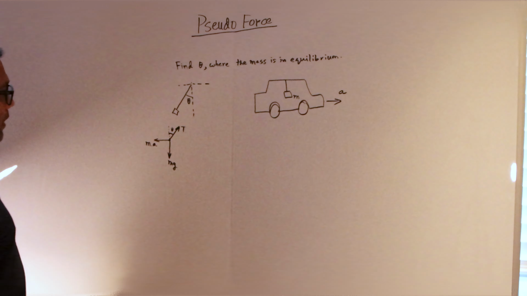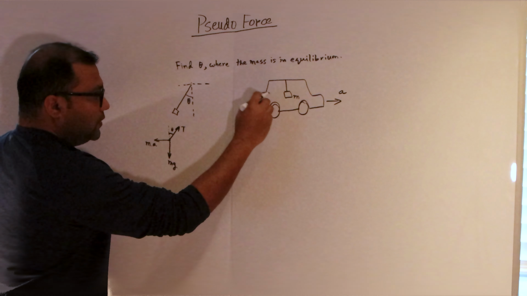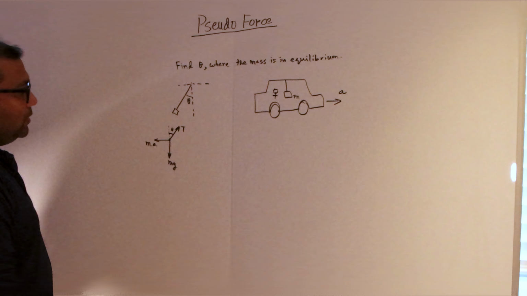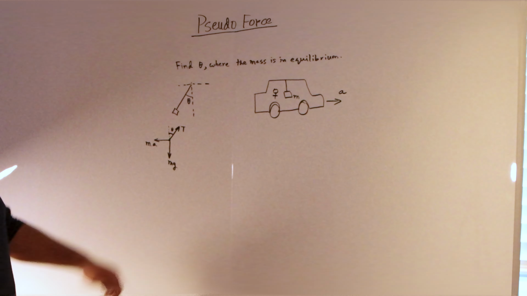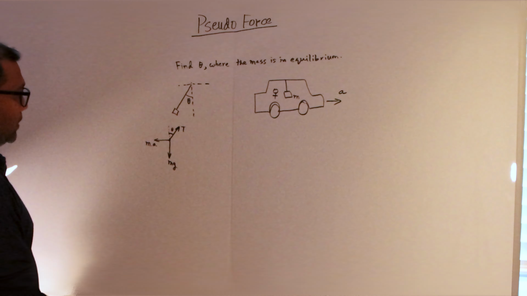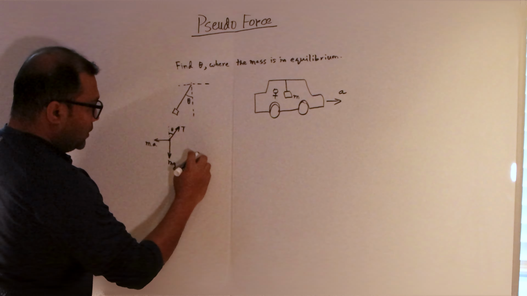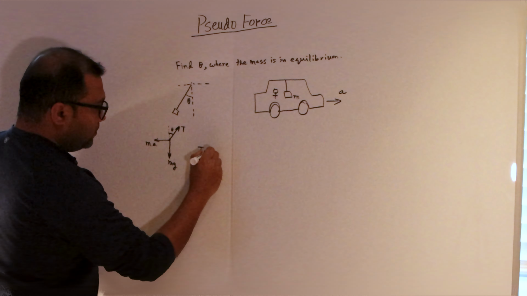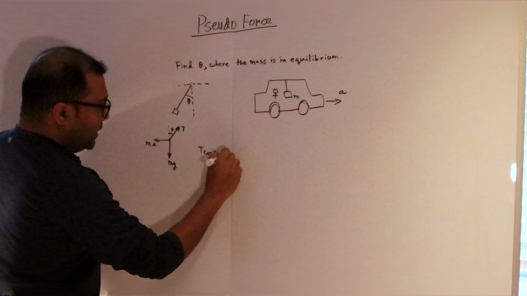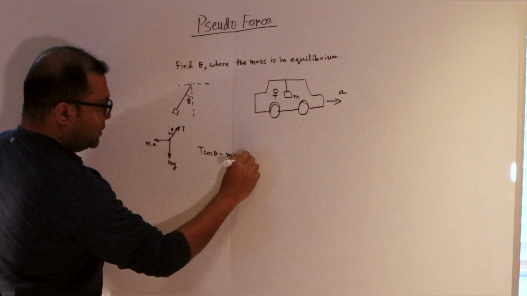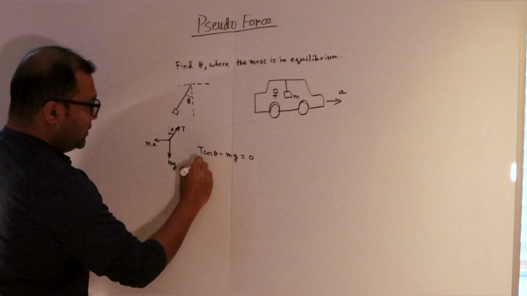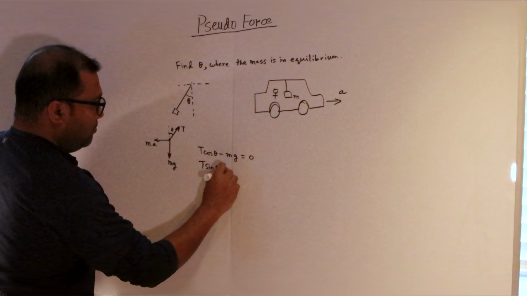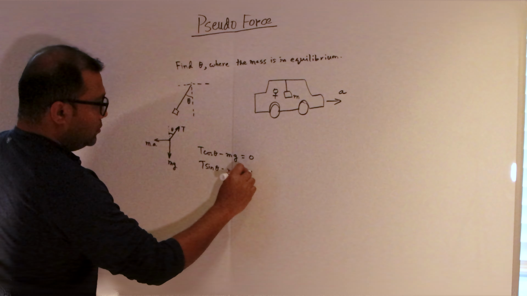Now for the observer inside the car, this system is at rest. So what we can do is write down two equations. T cos theta minus mg should be 0, and T sin theta minus ma should be 0.